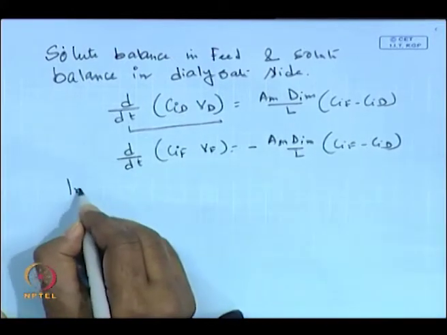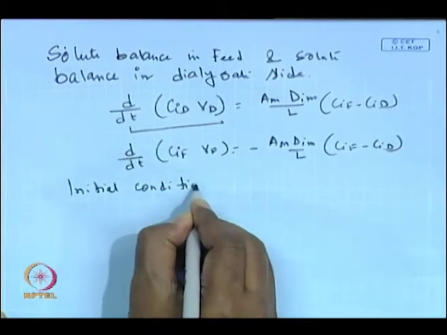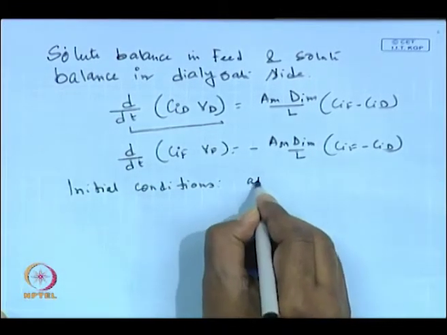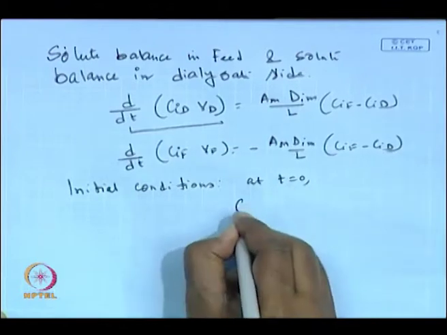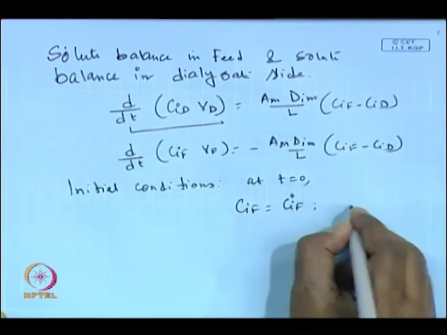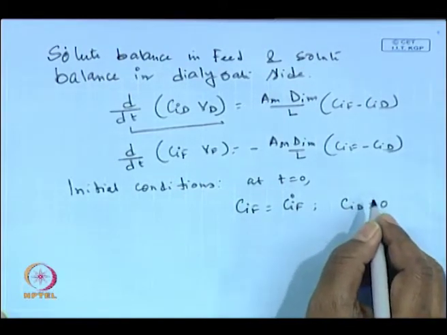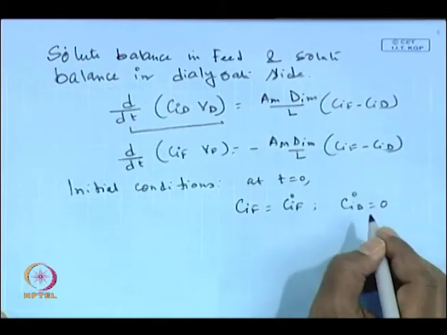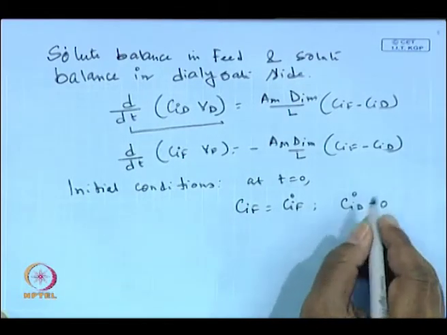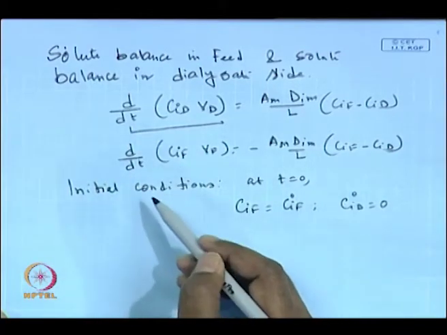The initial conditions are, at t equal to 0, CIF is equal to CIF naught, that is the initial concentration, and CID is equal to 0 at time t equal to 0. Now, these two equations are simultaneous ordinary differential equations.